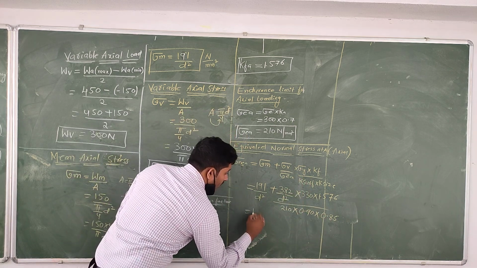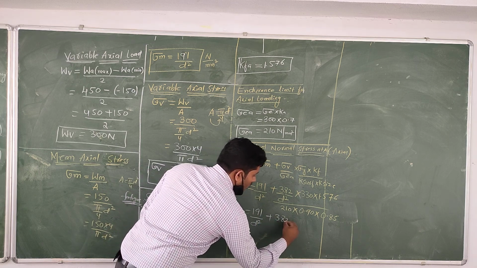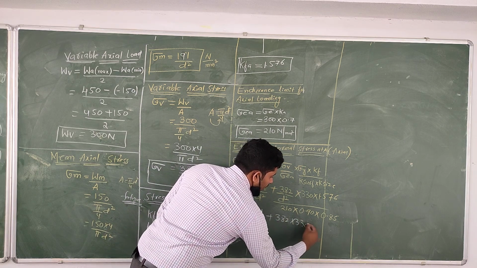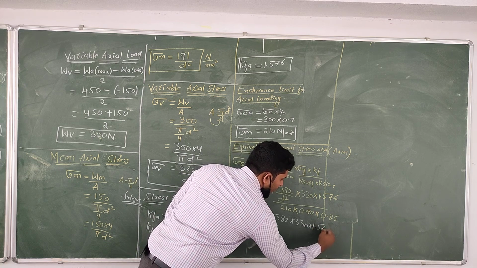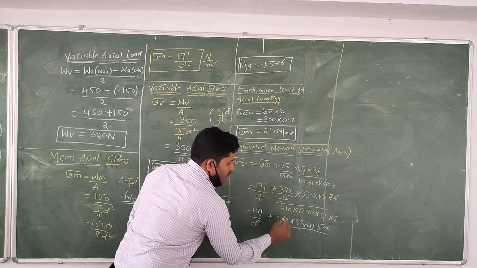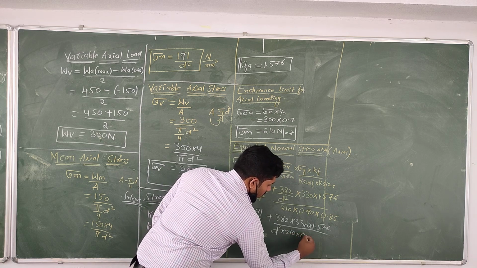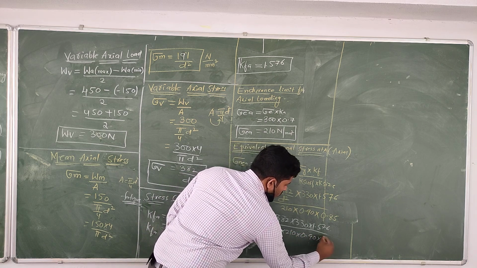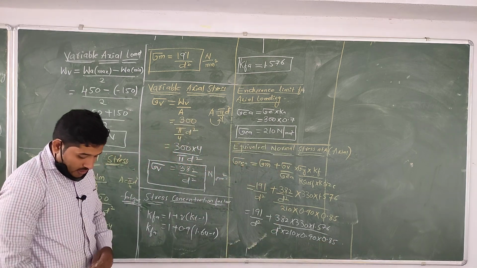Let us see over here. 191 by d square plus 382 into 330 into 1.576 by d square into 210 into 0.90 into 0.85. If you divide this term, then you will get the answer.